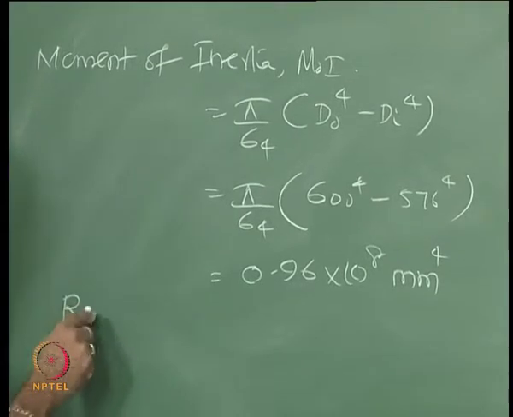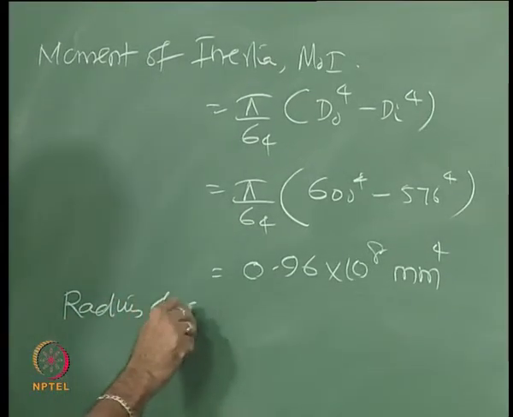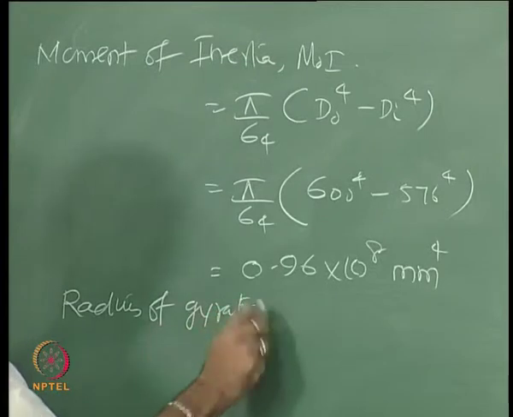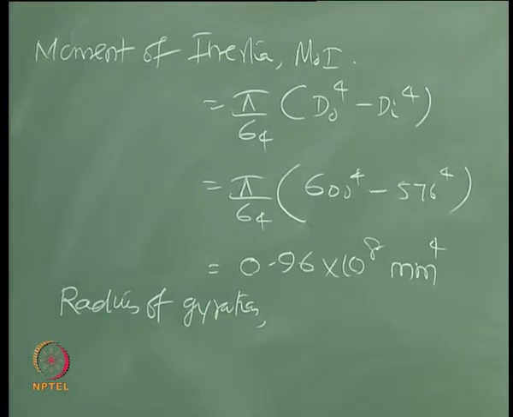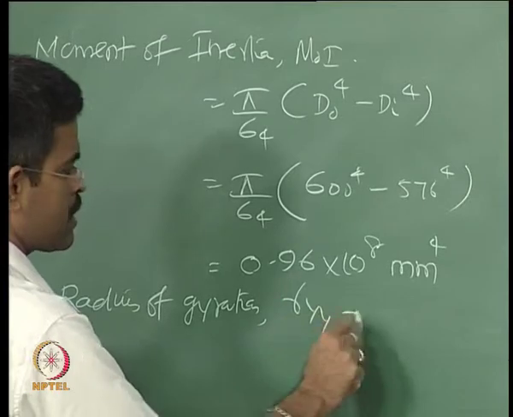I want to find the radius of gyration, which is about the minimum axis.